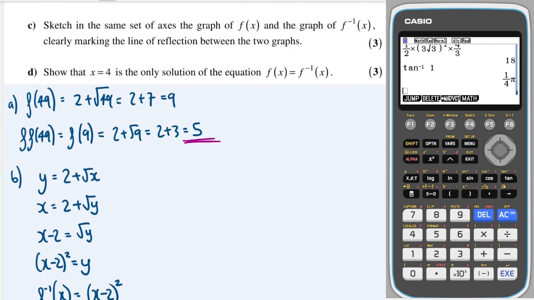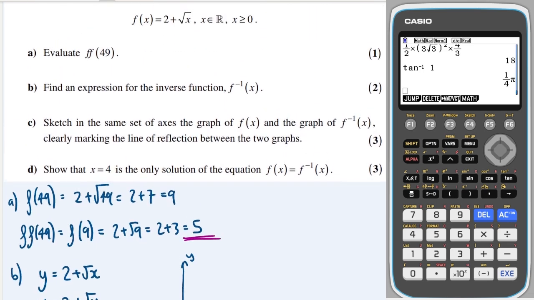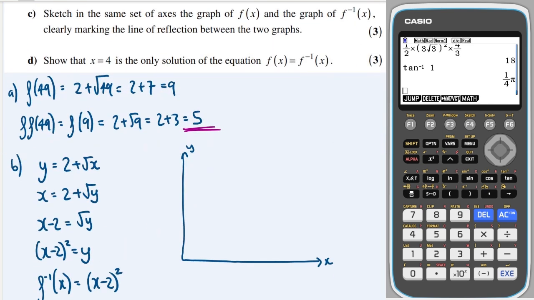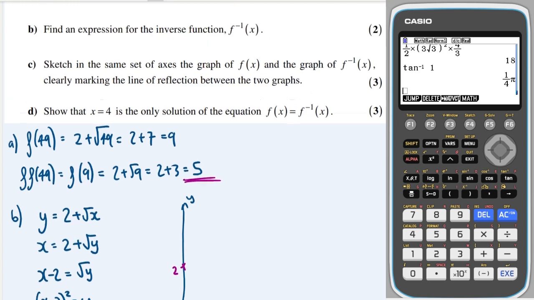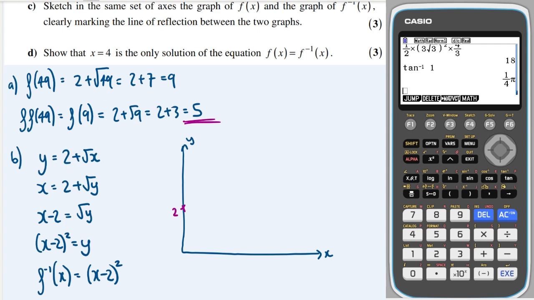Sketch on the same axis the graph of f of x and f inverse of x. Okay, can do that. X, y. We will start by sketching f of x, which has a y-intercept of 2. And then we're at the square root graph, which looks like this.